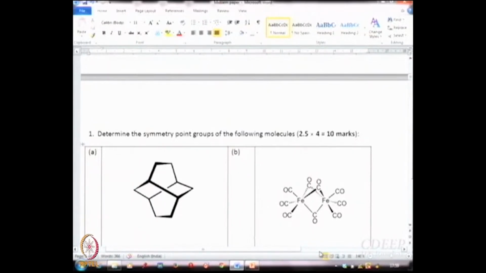That is sigma. Is there any other sigma? Where are those sigmas? They are sigma d, right? Where are those sigma d? But do they matter in the nomenclature? They don't, right? So you have C3 principal axis, you have three perpendicular C2 axes, and you have a horizontal plane.